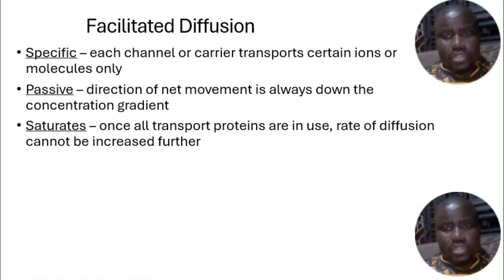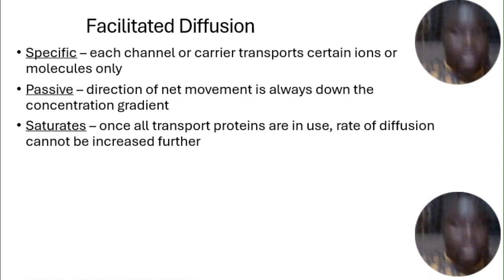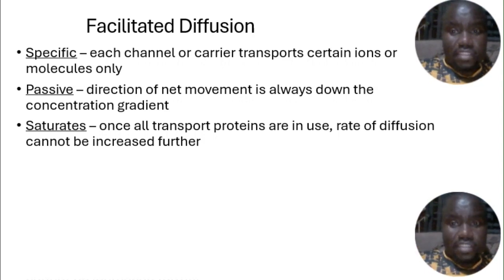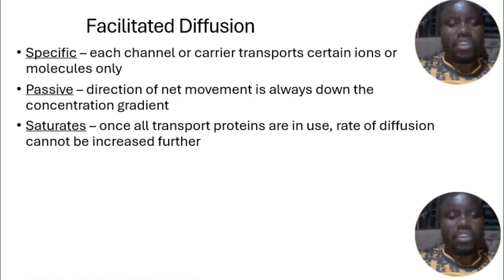It reaches a limit beyond which it cannot increase the transportation. Yes, there is a concentration difference, but if the carrier is saturated and all the binding sites are filled, no matter how much the concentration difference is, the addition of solute cannot increase the facilitated diffusion of the substance.